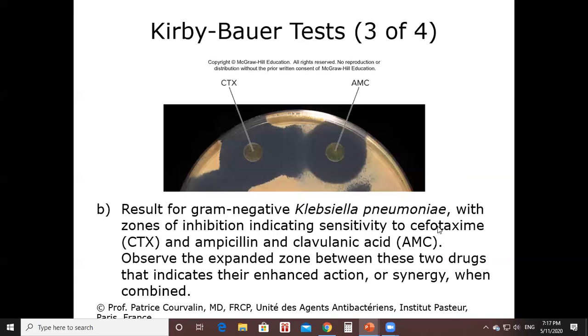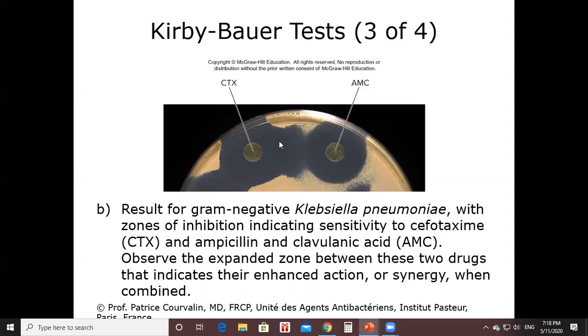And here you can see what they're trying to show. This is an antibiotic, and this is an antibiotic. This has a pretty good range of coverage, and this one has a pretty good range of coverage. But if you notice, this one typically would stop around here, and this one would typically stop around here.